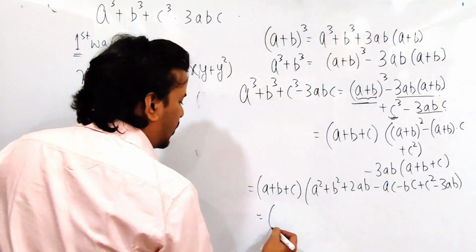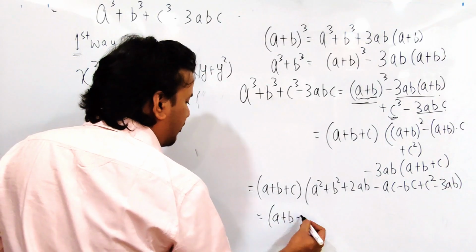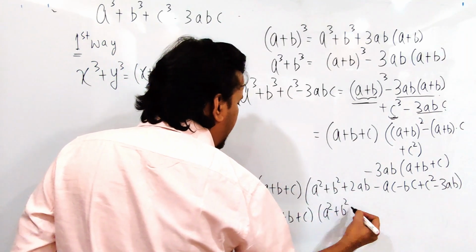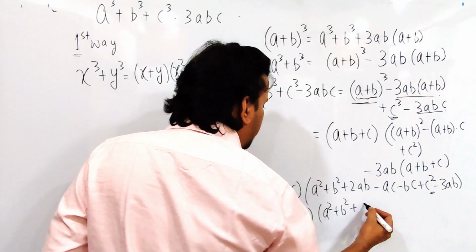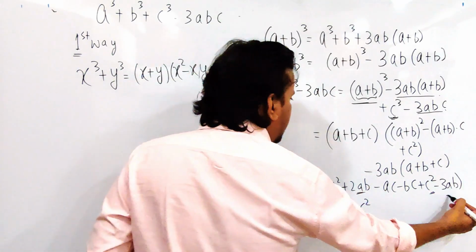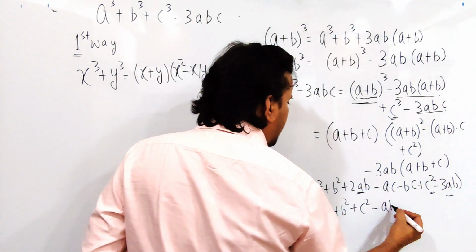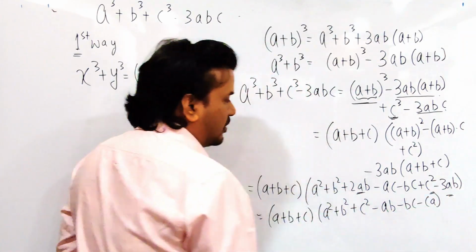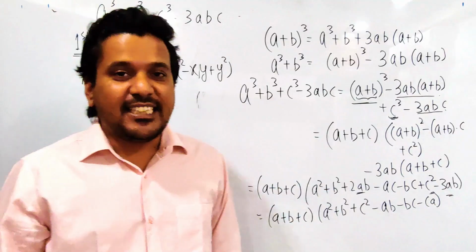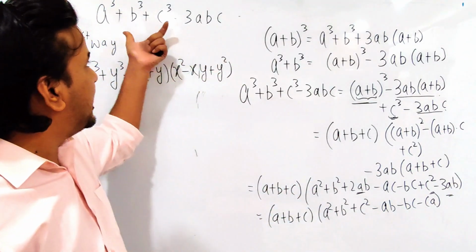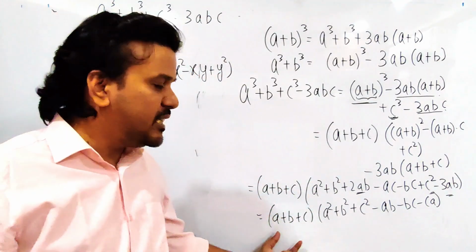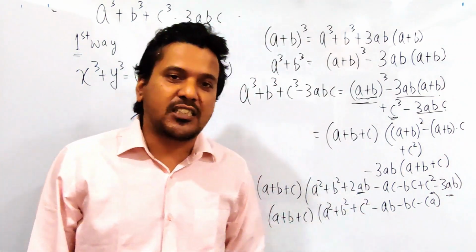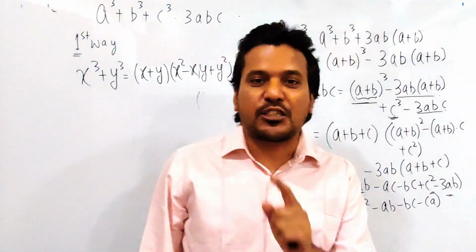Now you can see we have reached the factorization of a plus b plus c multiplied by a square plus b square plus c square, then 2ab minus 3ab is minus ab, minus bc and minus ca. We are all done with the first method.